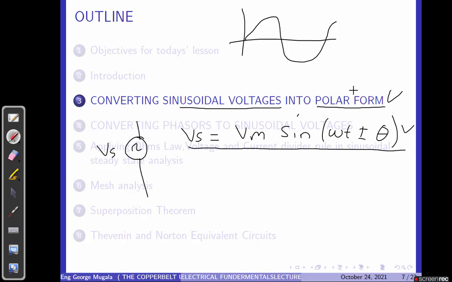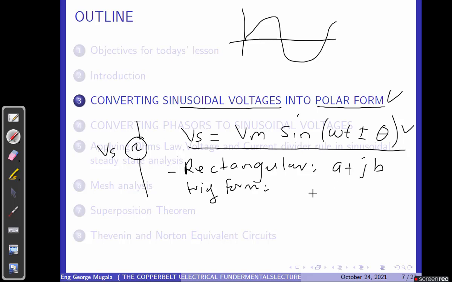Remember, when we talked about complex numbers, we talked about two major forms. There was the rectangular format, and then an intermediate, which was like a trigonometric format of the complex number. A complex number is something like a j plus b. And in the end, we also looked at the polar form.